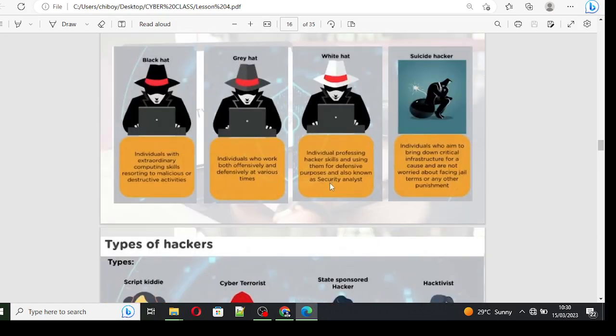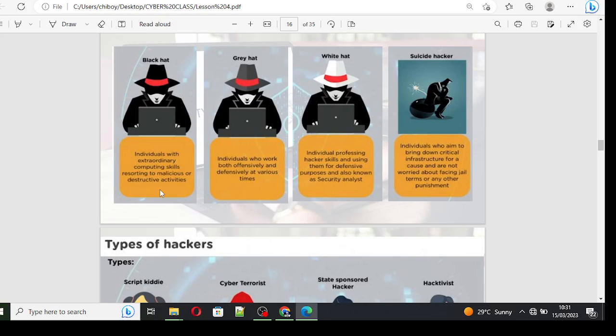I don't know if you guys understand this now. Or all right, if you guys want me to reframe it. Now, I was talking about the black hackers. Black hackers are individuals with extraordinary computing skills resorting to malicious or destructive activities. Now, we have the grey hackers. These are individuals who work both offensively and defensively at various times. We also have the white hackers.